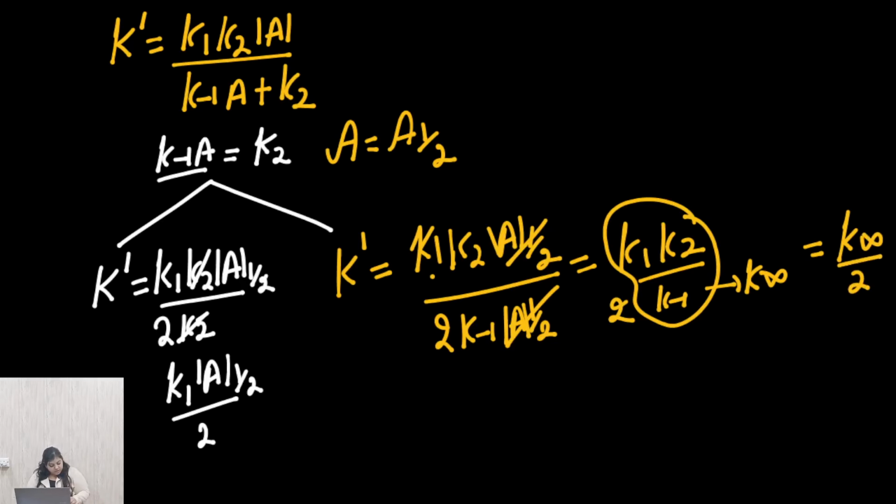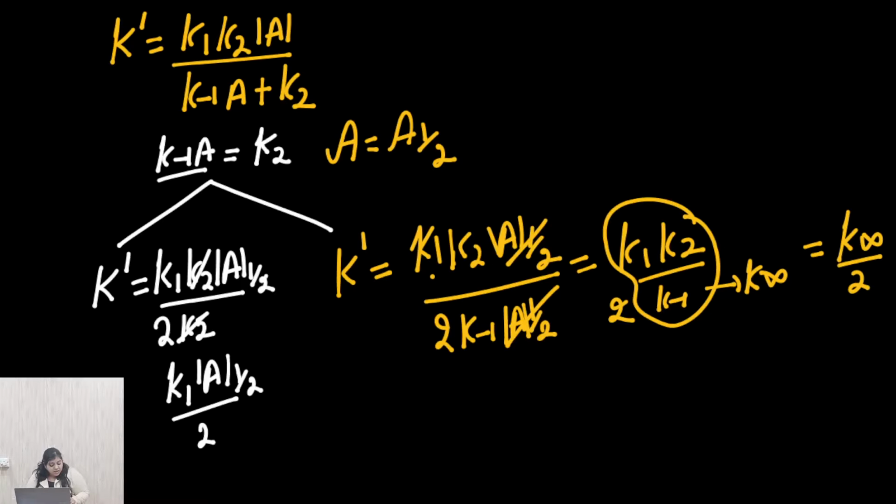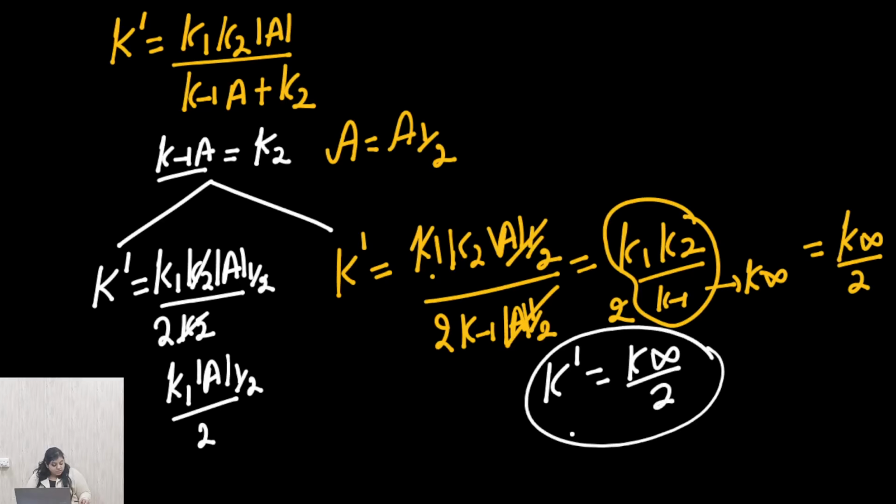This is what it is saying, that when you are keeping the concentration as A half, this observed rate constant is becoming K infinity by 2. So now you see that the K dash value is equal to K infinity by 2. This condition you can use over here, right?